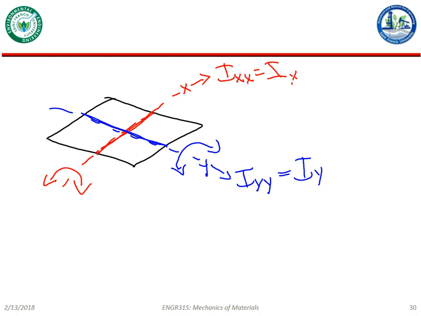Now, to get to the polar moment of inertia, which is what we've been looking at more recently, you might imagine that if these two area moments of inertia describe how material is distributed along a cross section, then a polar moment of inertia, if I drew an out of the page axis, like a z-axis, and that axis corresponds to trying to twist this thing this way, kind of bend it around that axis.